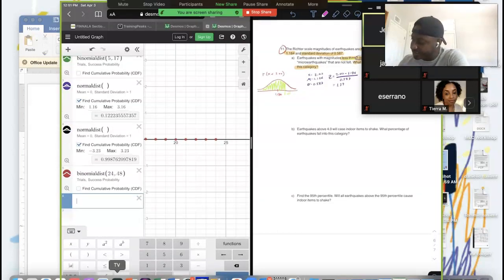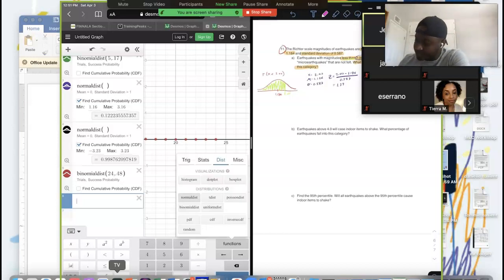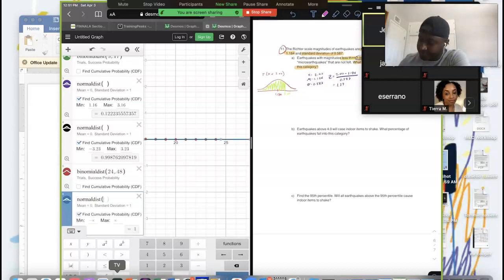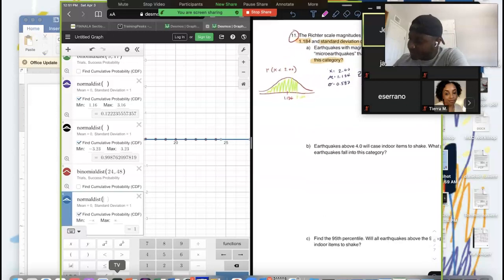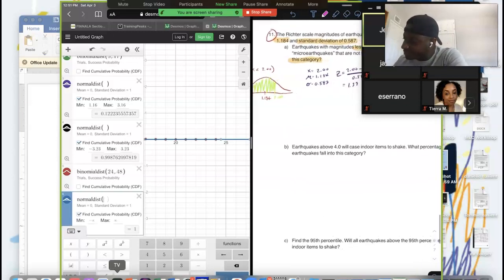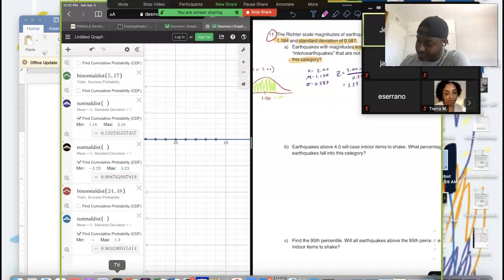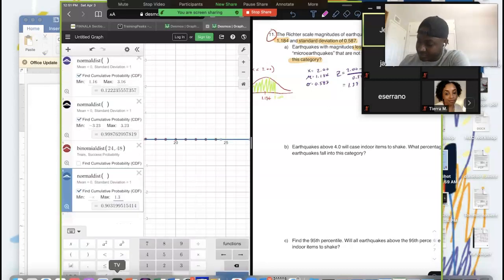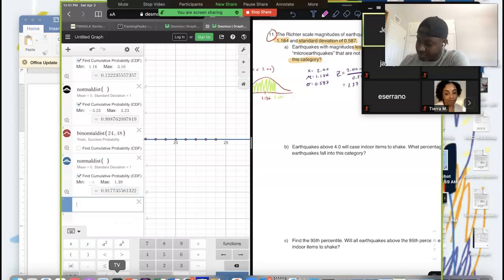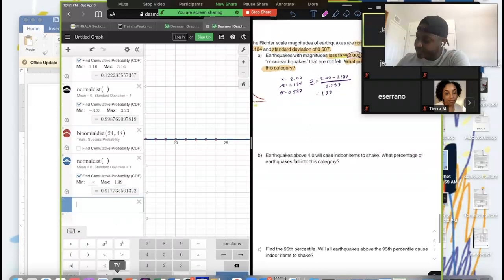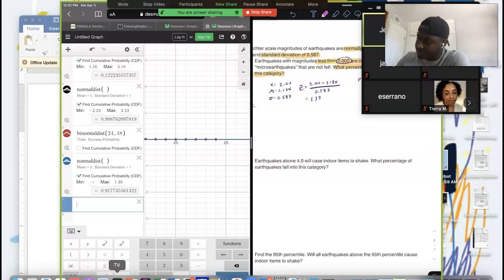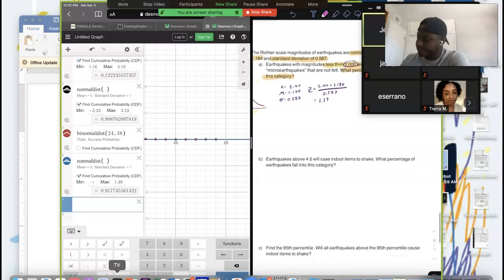And we're gonna go normal distribution, find cumulative, and then that 1.39 is gonna be our maximum. Alright, and that gives me 0.9177. Everybody cool with that?